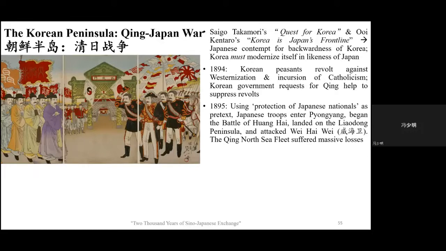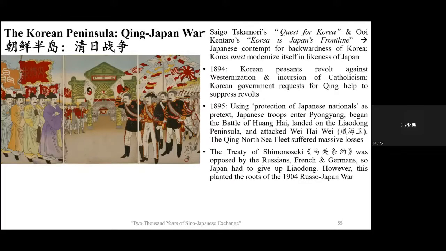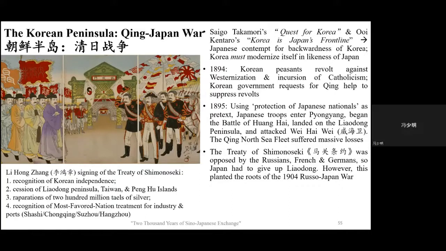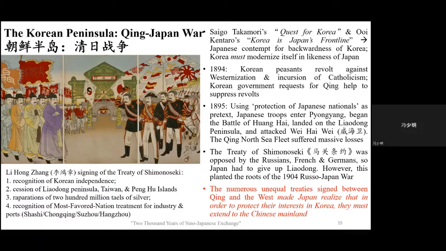So this started a series of wars in Korea, and the Qing government was drawn into this war, and it resulted in the defeat of the Qing North Sea Fleet and the signing of the Treaty of Shimonoseki, the Maguan Tiaoyue, by Li Hongzhang, which was to recognize Korean independence but actually allowed Japan to have influence in Korea. This planted the roots of the 1904 Russo-Japanese War.